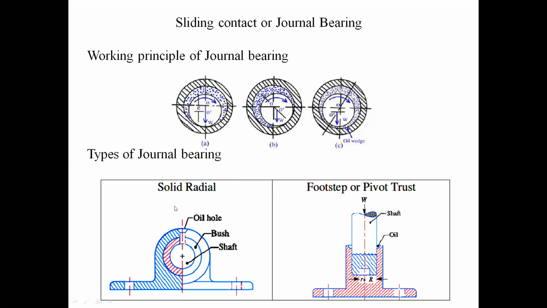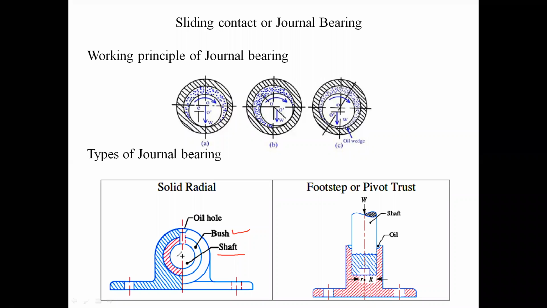If the load is perpendicular to the shaft, you can see this first one is solid radial. Why is it called radial? Because the load is perpendicular to the shaft. Inside that, you can see there is a shaft and there is a stationary bush.